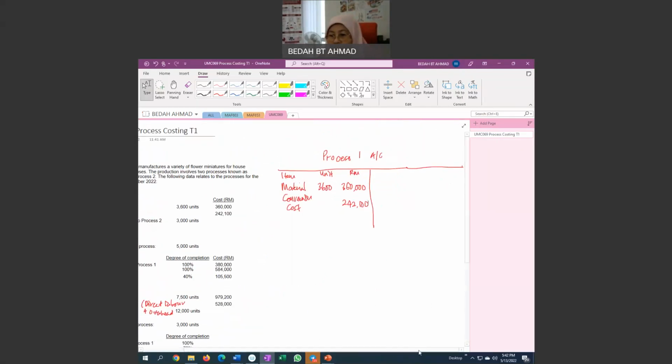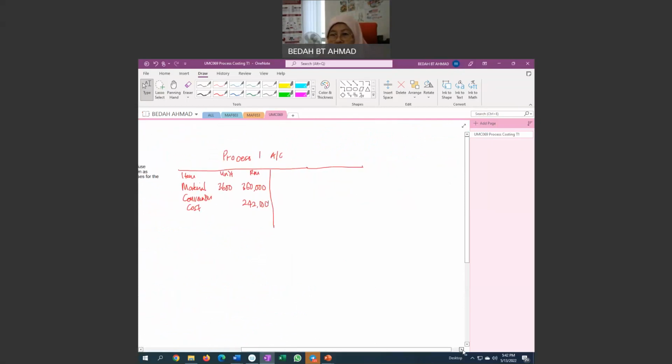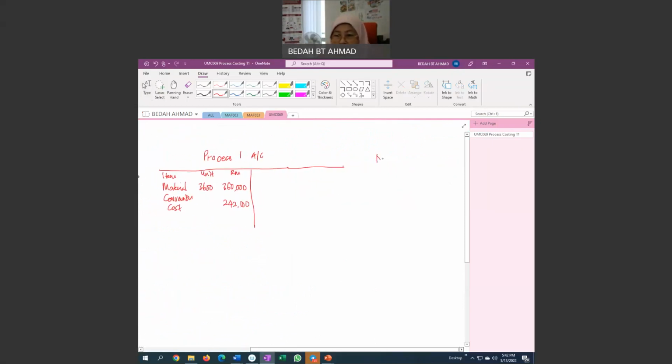So we provide working for the normal loss, with the item, unit and RM. The normal loss is 12.5% multiplied by the input units of 3,600, which is 450.